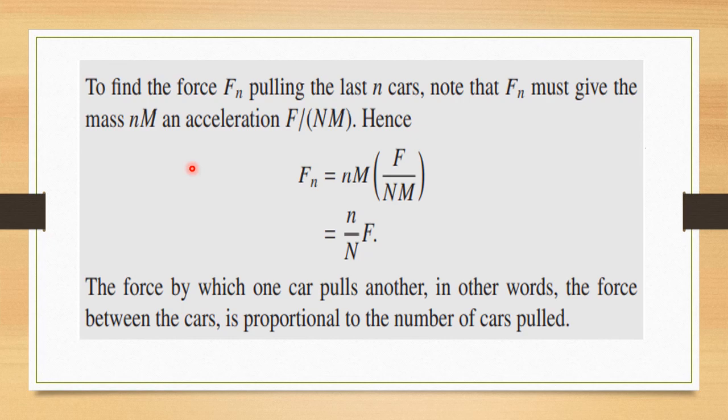Now to find the force Fn pulling the last car, note that Fn must give the mass m acceleration F by nm. Hence, Fn is equal to m into F by nm. This is a. So when cancelling m, you get 1 by n F. Fn is the force pulling the last car.